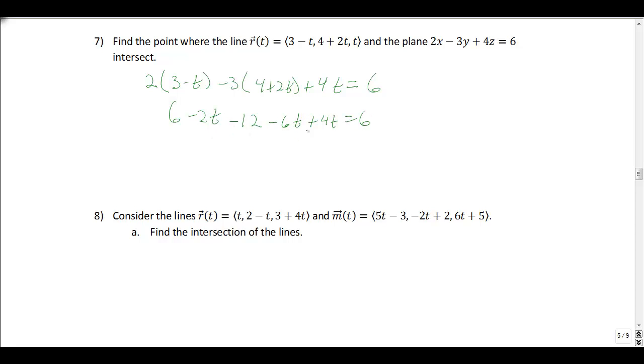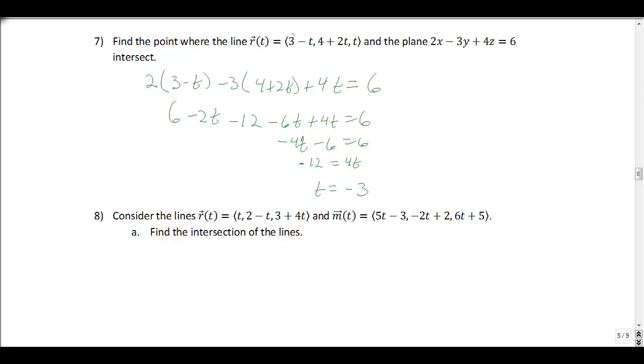So we have a minus 8t, we have a plus 4t, minus 6 equals 6. We can move the 4t over there and get negative 12 equals 4t. You see that t is negative 12 over 4. t is negative 3. That's not our answer, that's the t.